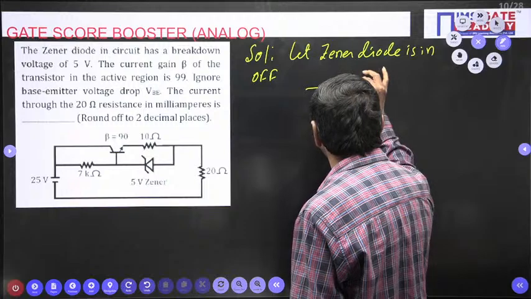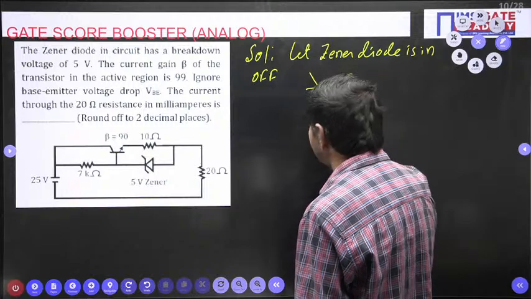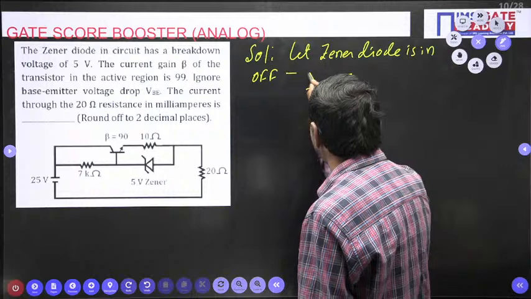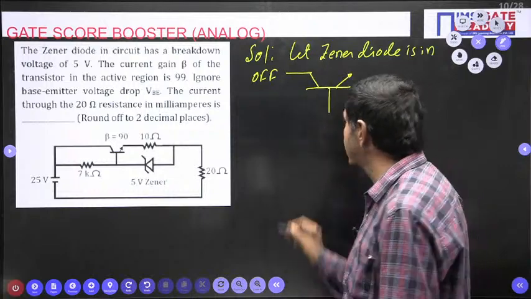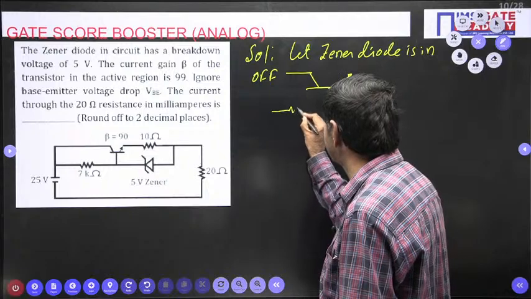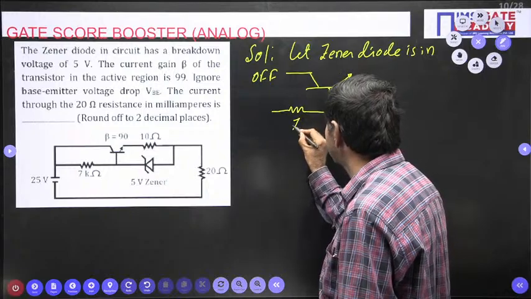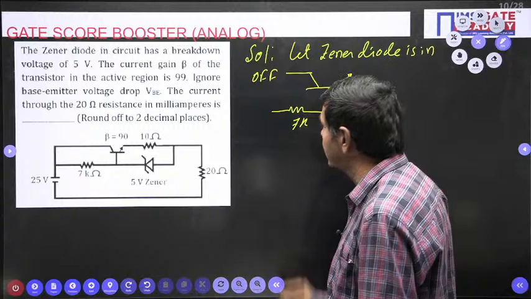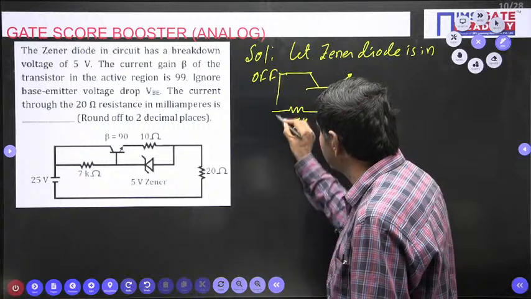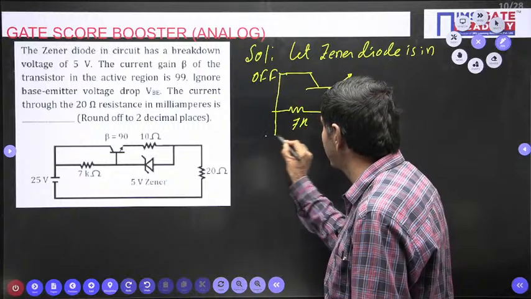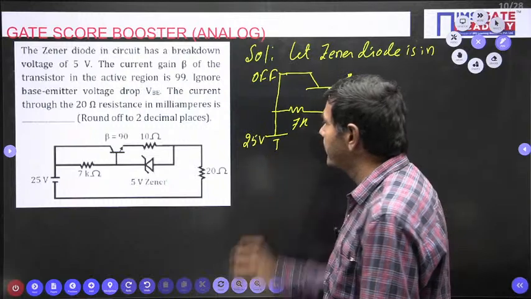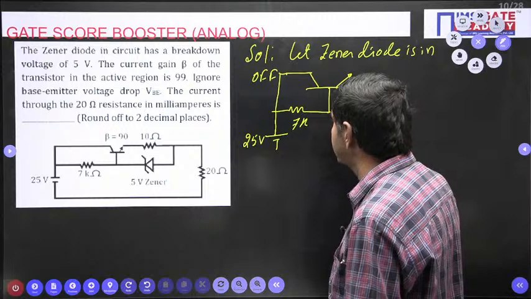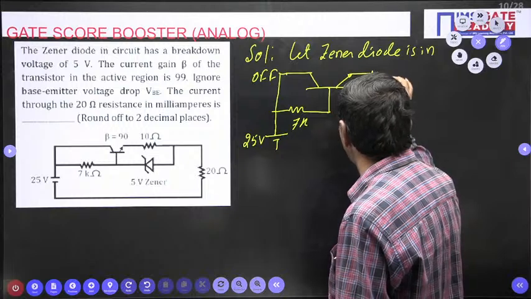There is a transistor, and this is connected to a 7K resistor, 7 kilo ohm, and this is connected to a supply, 25 volts given here. Zener is open now. Here the 10 ohm resistor I got.